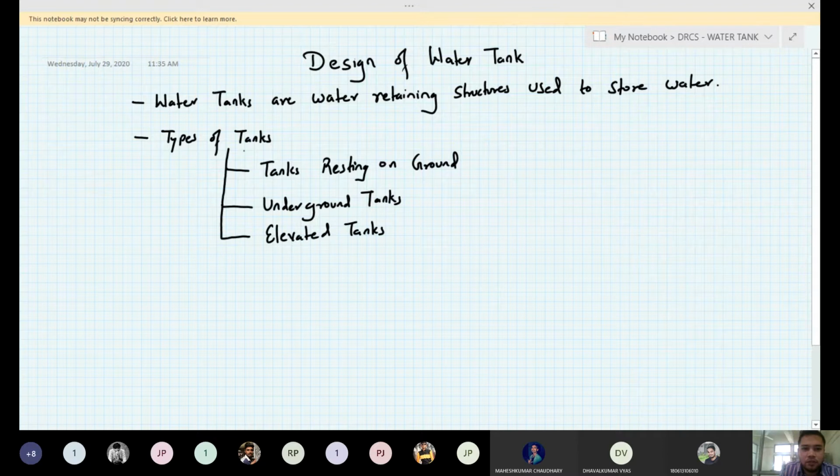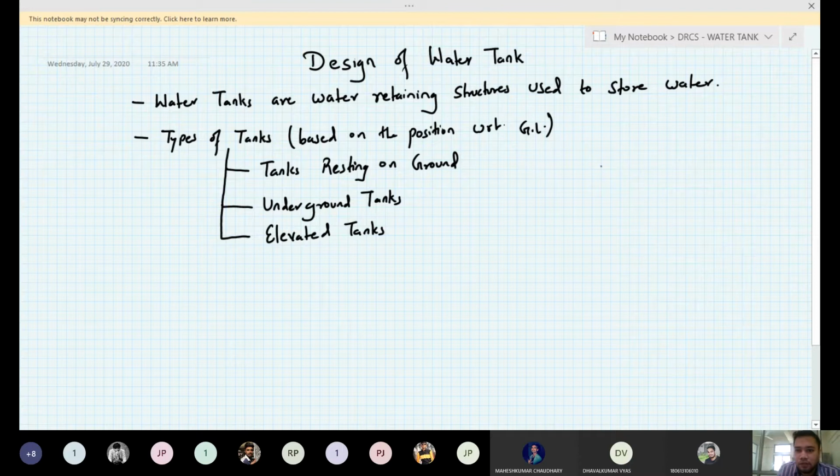Okay, this is based on the position with respect to ground level.